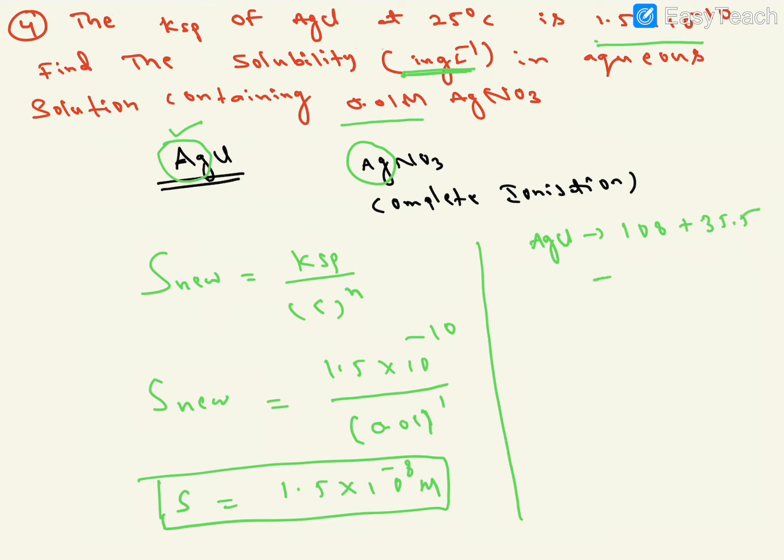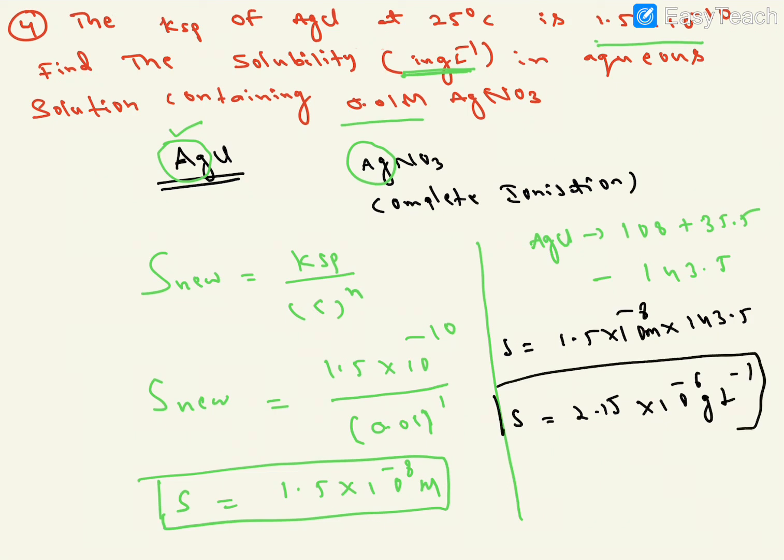What is the molecular weight here? 108 plus 35.5, which is 143.5. So the solubility in molarity is 1.5 into 10 to the power of minus 8, multiplied by the molecular weight 143.5. The value we get is a solubility of 2.15 into 10 to the power of minus 6 grams per liter.